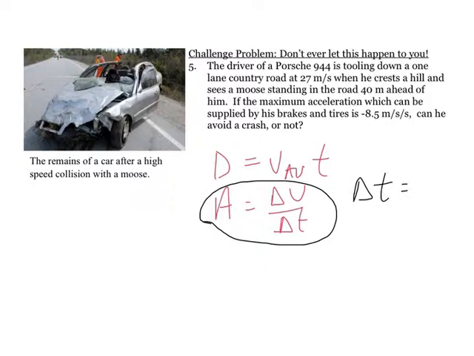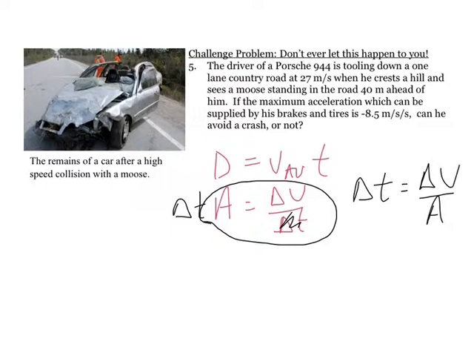So what I'm going to do is multiply both sides by delta t and get delta t times a equals delta V. Then I'll divide both sides by a and come up with delta V over a.